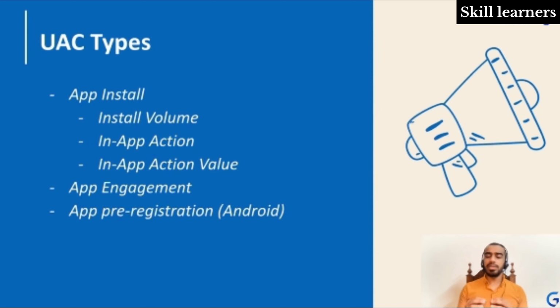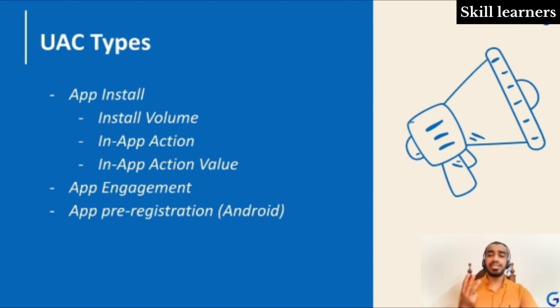UAC engagement will be in a separate account, but in this video, we will not be covering it because app engagement type is not available for everyone out there. Of course, you can still see it as a type which is available when you're launching UAC campaigns, but you will not be able to actually launch app engagement campaigns if you don't meet the criteria.